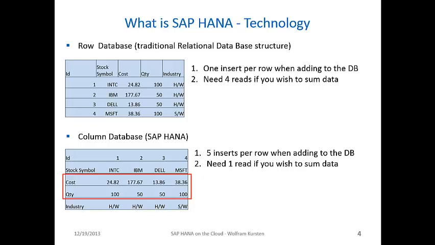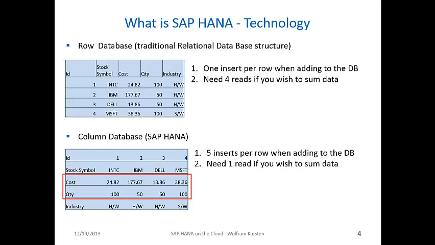Essentially, SAP HANA has implemented a column database. So what does this mean? Typically, a traditional relational database structure is a row database. So when a particular set of data is written to the database as a record, it is actually stored as a row rather than a column.